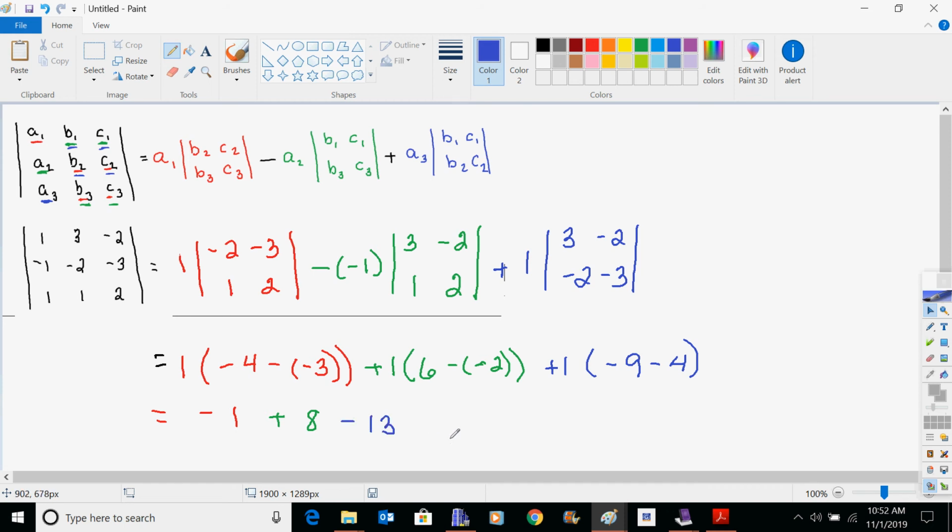Minus 13. And then, so our final answer is 7 minus 13, which is negative 6. Our determinant of this array of numbers is negative 6.